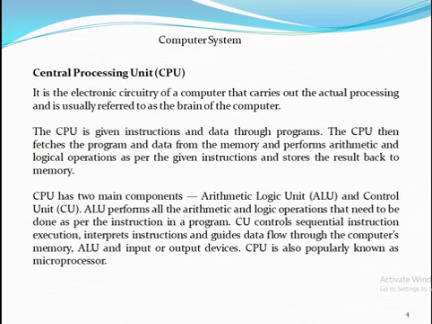The CPU then fetches the programs and data from the memory and performs arithmetic operations like plus, minus, multiply, divide, and logical operations like greater than, less than, greater than or equal to, less than or equal to, not equal, equal to, etc., as per the given instructions and stores the result back to the memory.